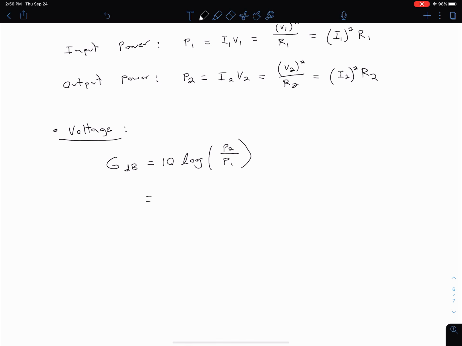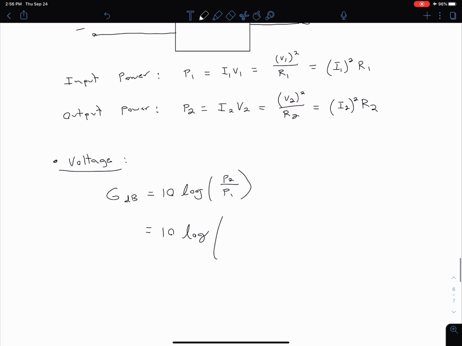Okay, well, if we're dealing with voltages, let me substitute into that our expression for our power in terms of the voltages. So we're going to use these two expressions here. In the numerator for P2, I'm going to have V2 squared over R2, and in the denominator, I'm going to have V1 squared over R1. Okay, so we get something that looks like that.